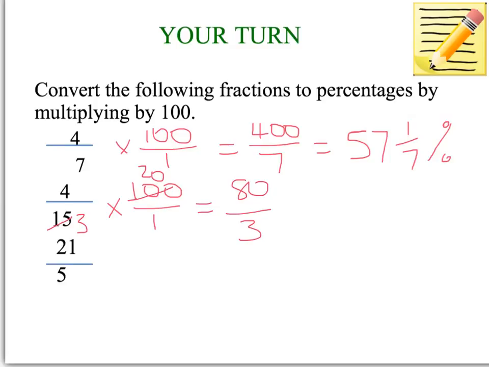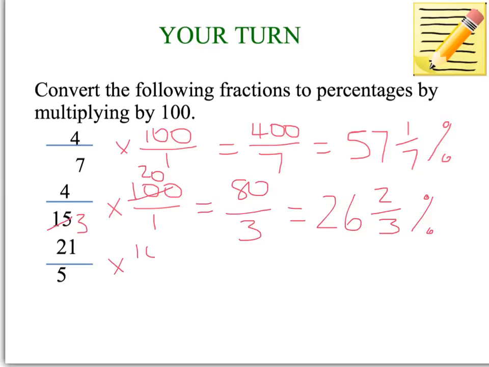Okay, then we need to work out what we can divide this by. So, it's 26, because I've used a calculator. Okay, and then there's 2 left over. So it's 26 and 2/3%.